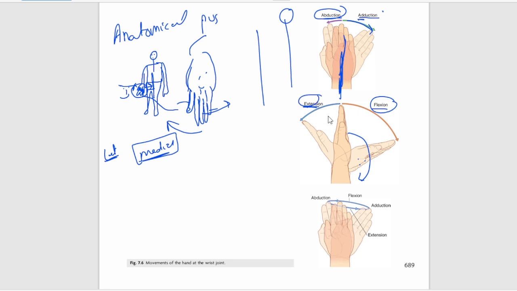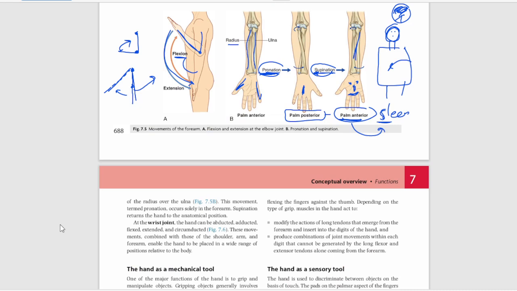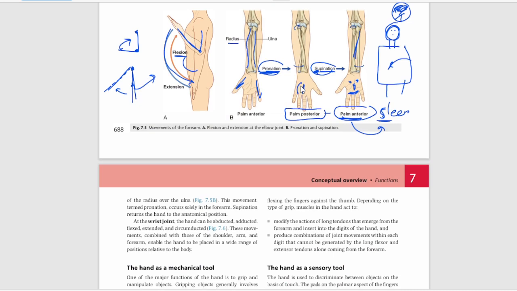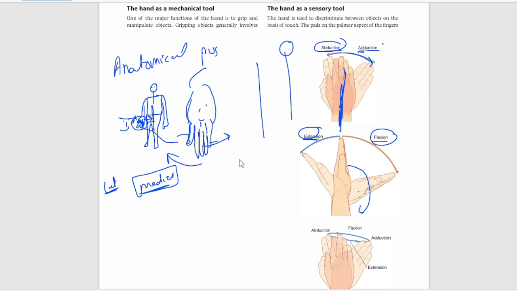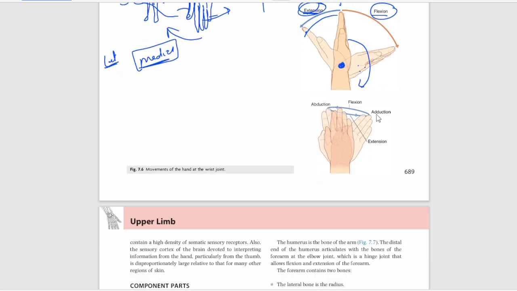If you move to the dorsal side, where nothing is present, just only hairs, and here is no hair, that's why this is called the dorsal side. If you move your hand to the dorsal side through the wrist joint, this is called extension. Now if you do all the flexion, extension, adduction, abduction, this is called circumduction.